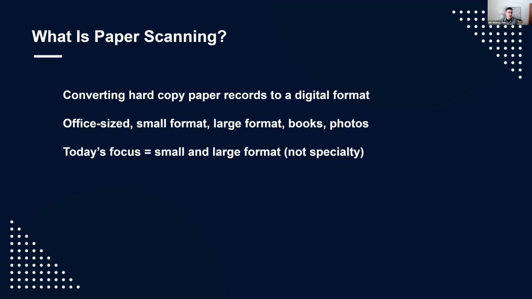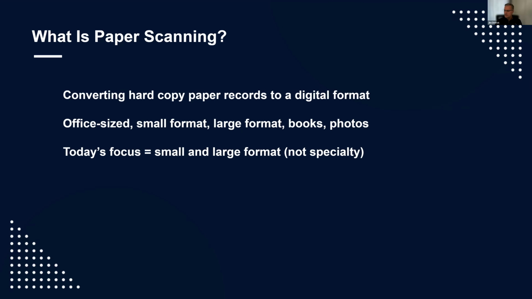Jim, anything to add on this intro slide? No, I don't think so, Will. Nothing much. The books and photos, books in particular, we do consider specialty. They're scanned using a different, non-destructive method: an overhead scanner that we use to capture book pages without destroying the binding.